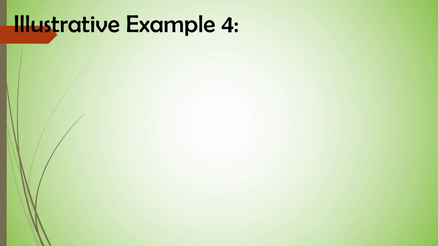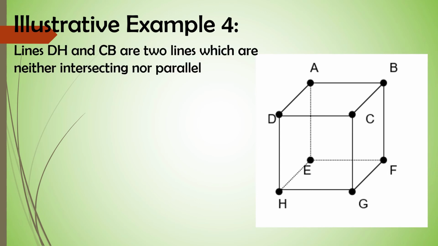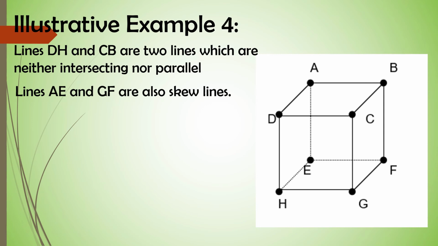So let's proceed to the last pair of lines, which is known as skew lines. Given the same figure for examples 1, 2, and 3, we will identify some skew lines. Lines DH and CB are two lines which are neither intersecting nor parallel. Lines AE and GF are also skew lines.